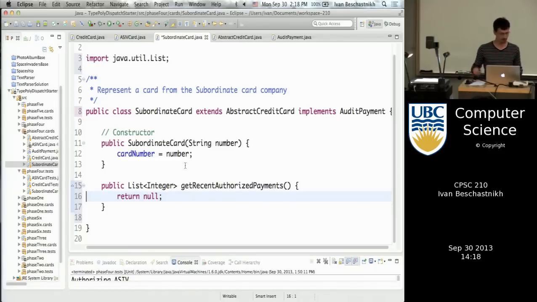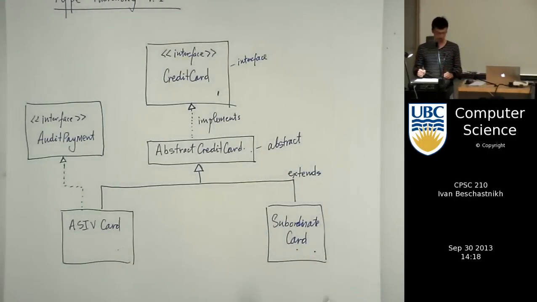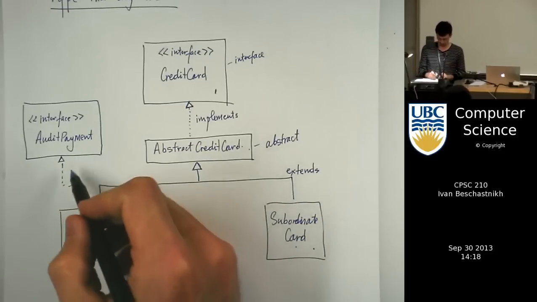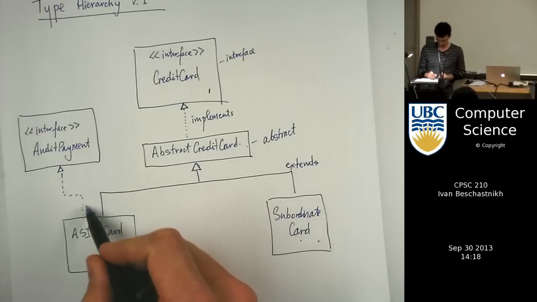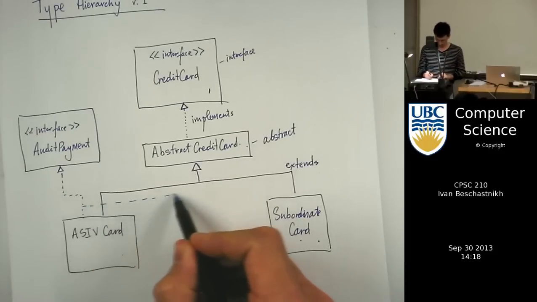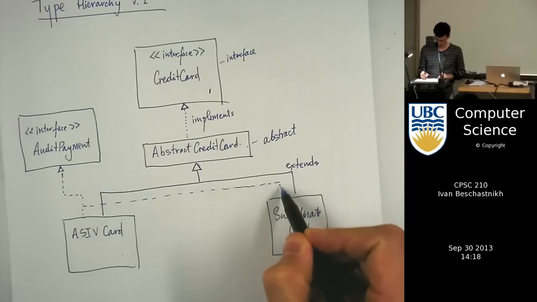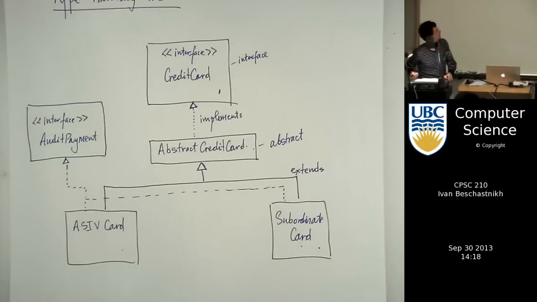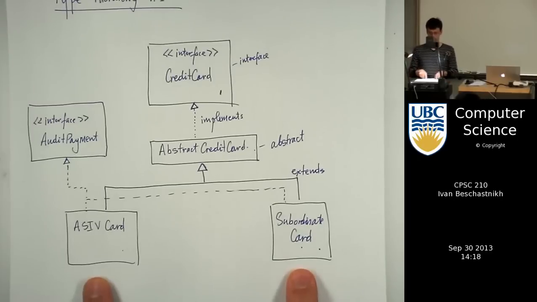And so what I've done now is essentially added a new implements relationship to my type hierarchy. So this is the type hierarchy I wanted, and I added a little bit of something extra. So now both of these classes implement this interface.